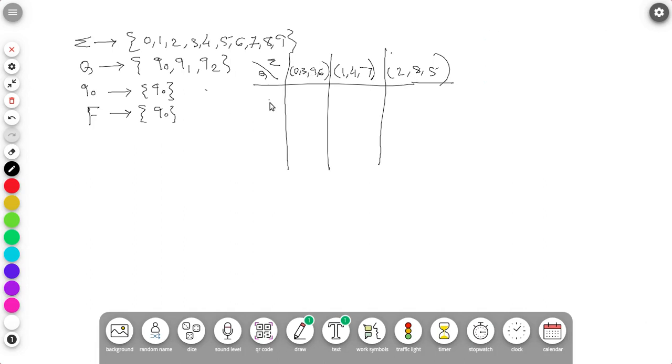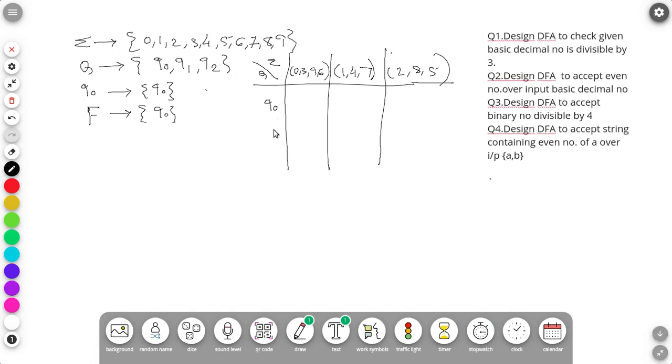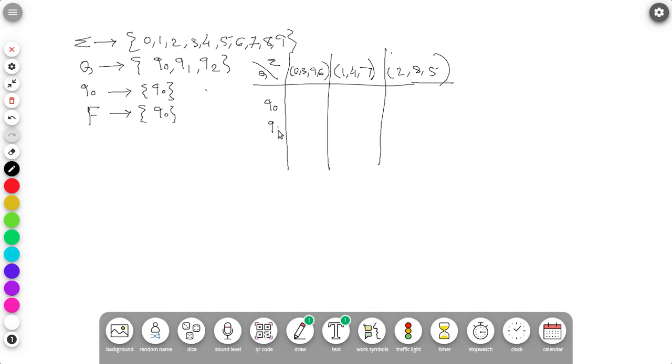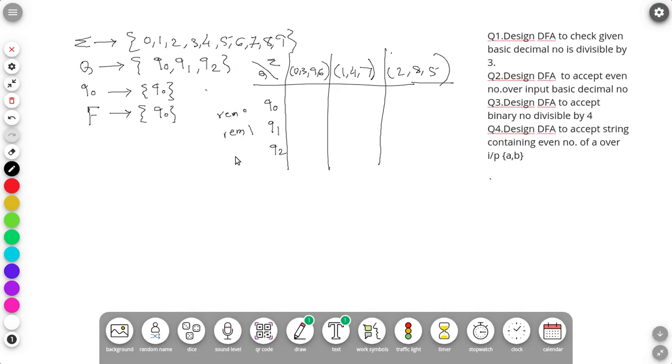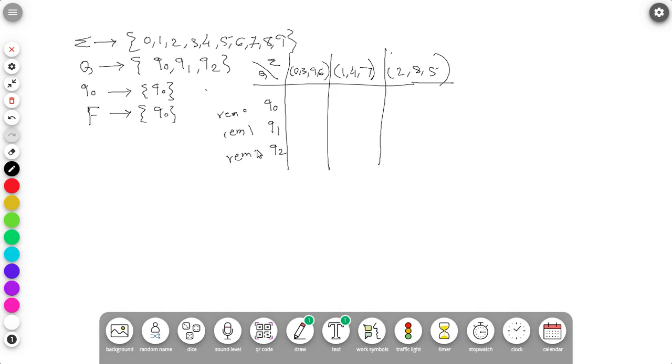Now we have the states. The first state is Q0, another is Q1, another is Q2. Q0 indicates remainder 0, Q1 remainder 1 and Q2 remainder 2.